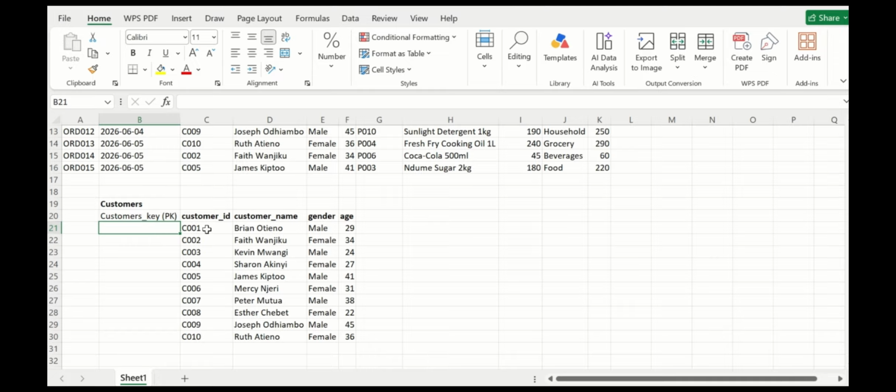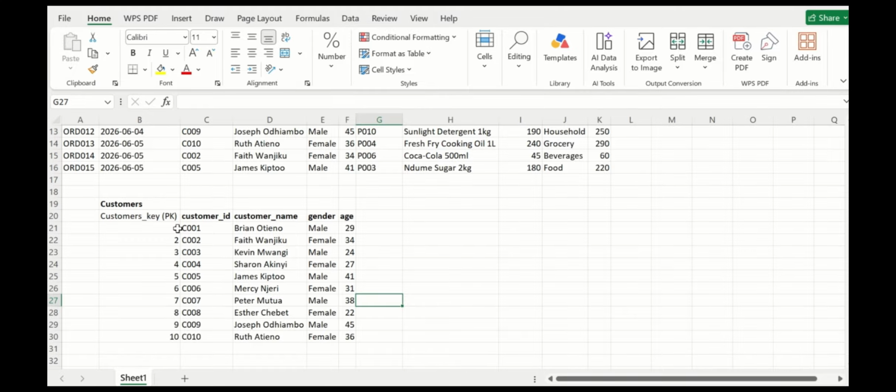So let's say customer 1 will be represented by unique customer key 1, here maybe 2, here 3, then you have 5, then 6, then 7, then 8, then 9, and then we have 10.